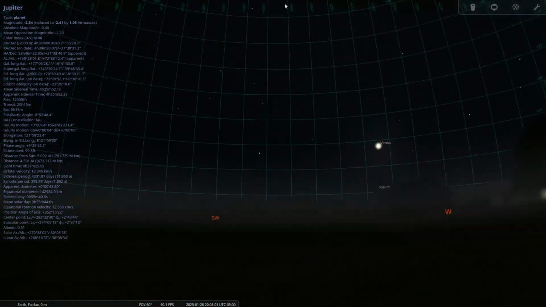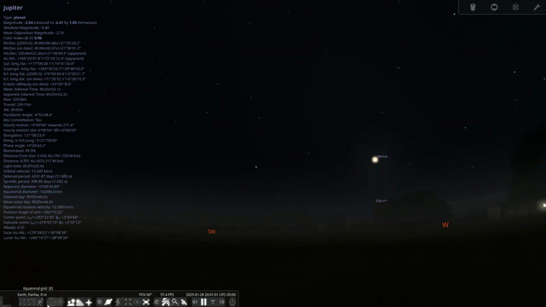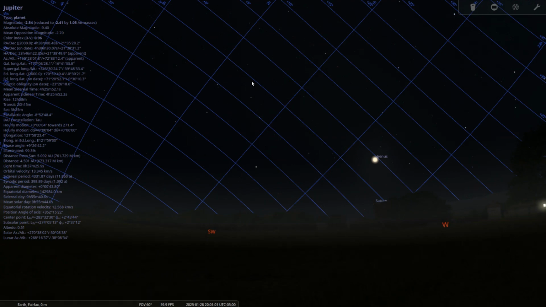Let's come back down. Go over here. Let's click off the azimuthal grid and click on the equatorial grid. You can see that the equatorial grid is slanted. And again, if you were to take the angle between the horizon and one of these lines of right ascension as it intersects the horizon, that angle would be 23.5 degrees.